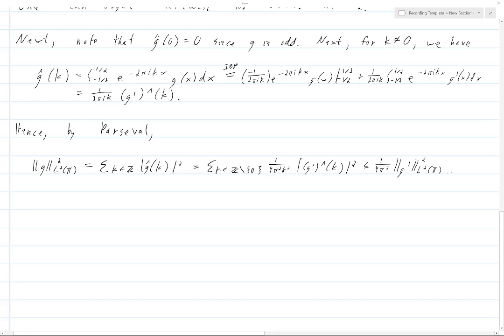So now we want to compute what each of these norms is, and this is a computation I was going to do before.